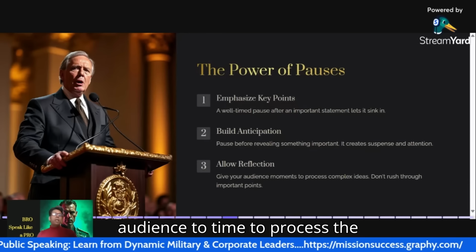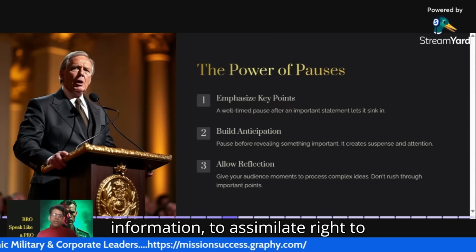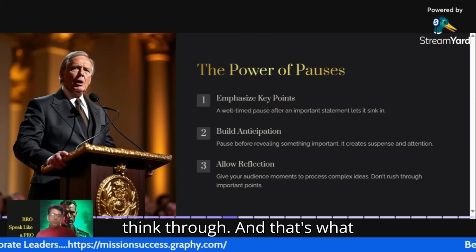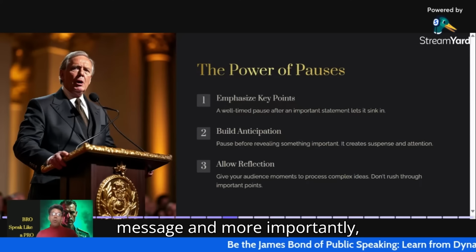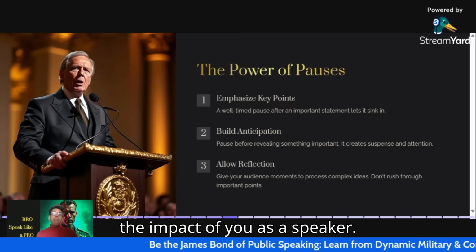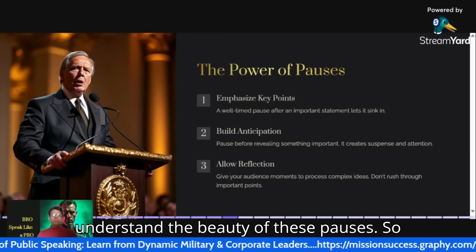So it gives the audience time to process the information, to assimilate, right? To think through. And that's what creates the impact of your message. And more importantly, the impact of you as a speaker. Okay, that gets enhanced when you understand the beauty of these pauses.